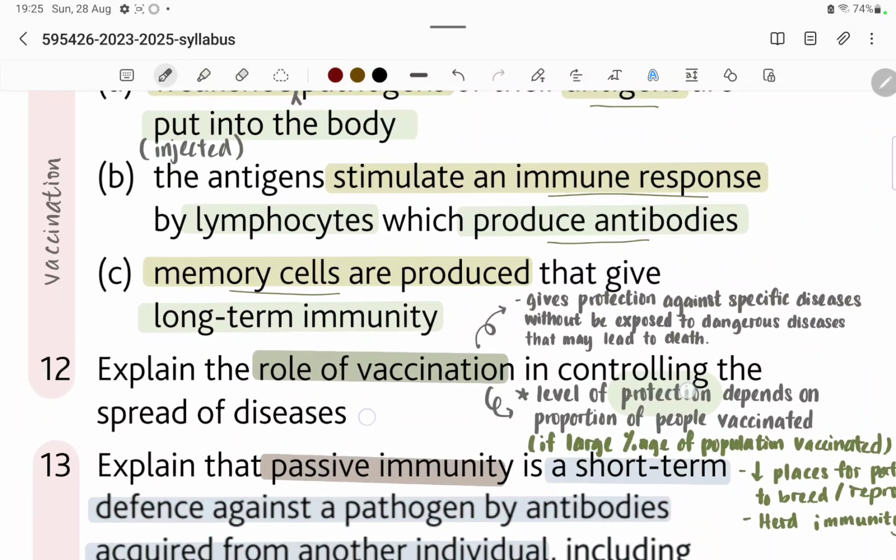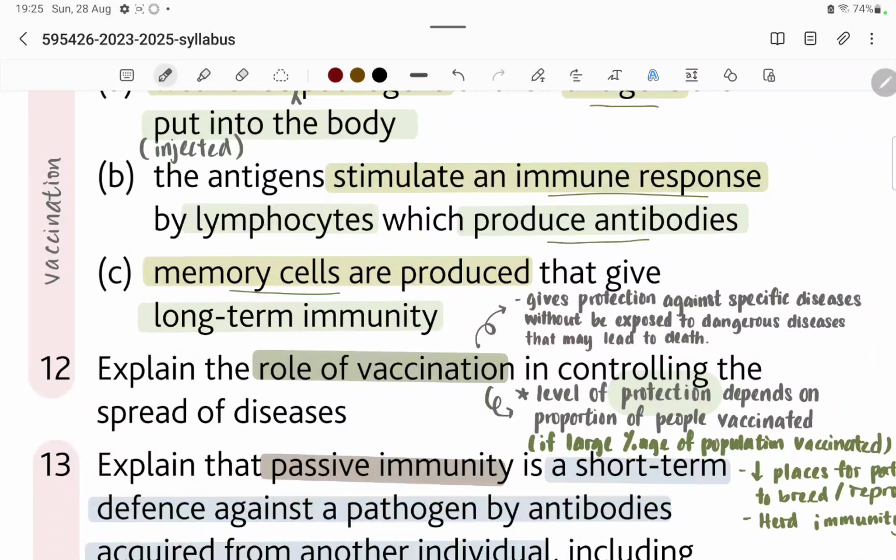And then the antigens of the pathogen will stimulate the immune response by the lymphocytes, which will produce antibodies. And then memory cells will also be produced, so that long-term immunity is given.